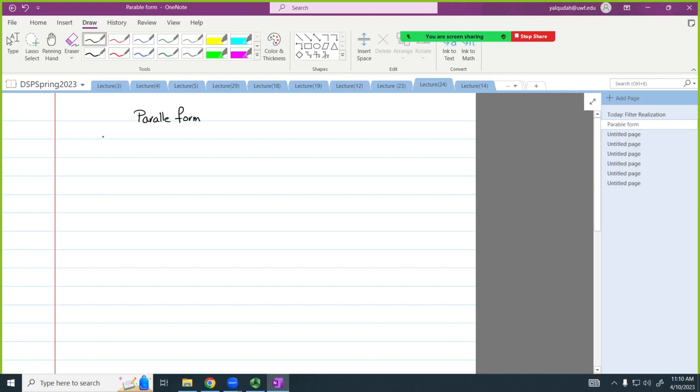Should there be an L at the end of parallel? Yes, thanks. So we're going to break H of z into partial fraction expansion that are first and second order. And we're going to combine smaller forms as parallel direct 2 forms.